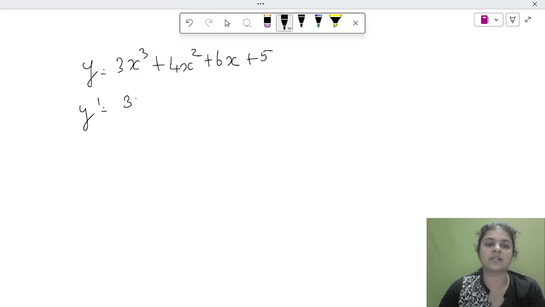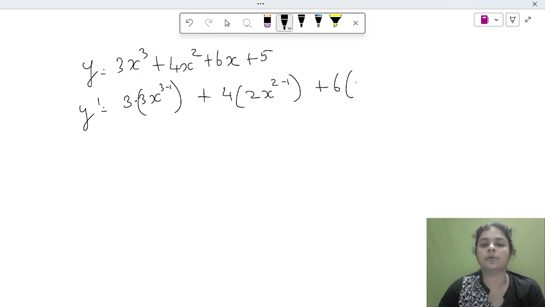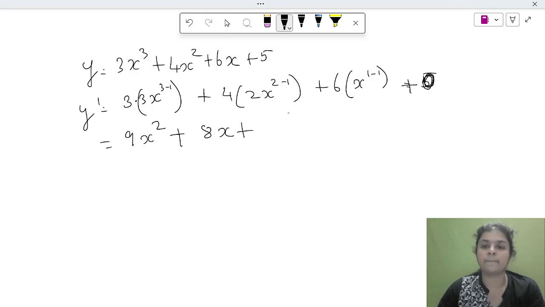So keep the constant as it is: 3 into x power 3 minus 1, plus 4 into 2 into x power 2 minus 1, plus 6 into x power 1 minus 1, plus d by dx of the constant, which is 0. So your answer will be 3 into 3, 9x square, plus 4 into 2, 8x, plus x power 0 will be 1, so plus 6 alone will come.